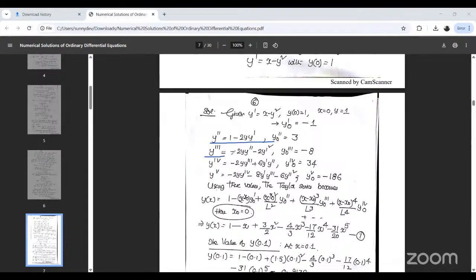Similarly, you have to do the third, fourth and fifth derivations. So this is x naught equal to 0 and y naught equal to 1.